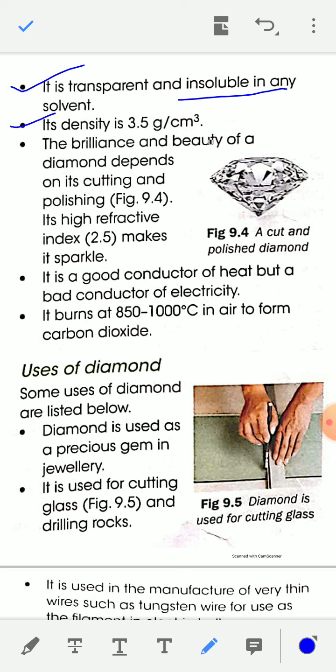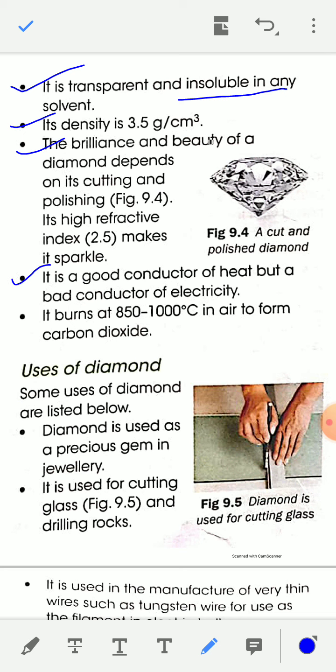Its density is 3.5 gram per centimeter cube, and the brilliance and beauty of diamond depends on its cutting and polishing. Its high refractive index makes it sparkle.